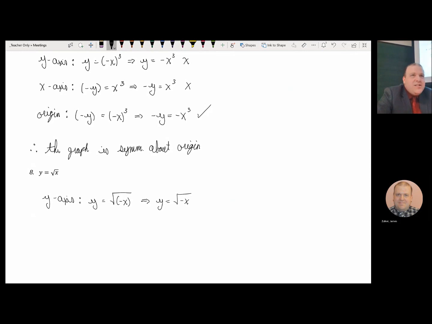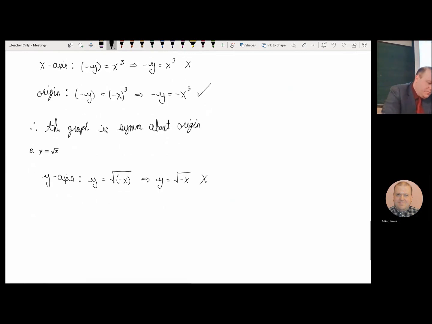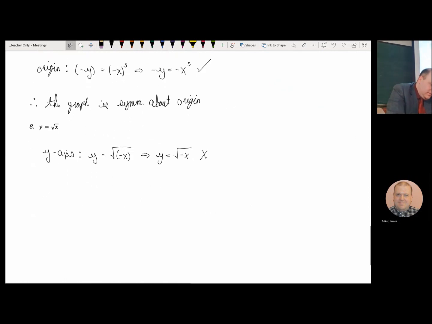Is that the same relation? So we do not have symmetry about the y-axis. Replace y with negative y.